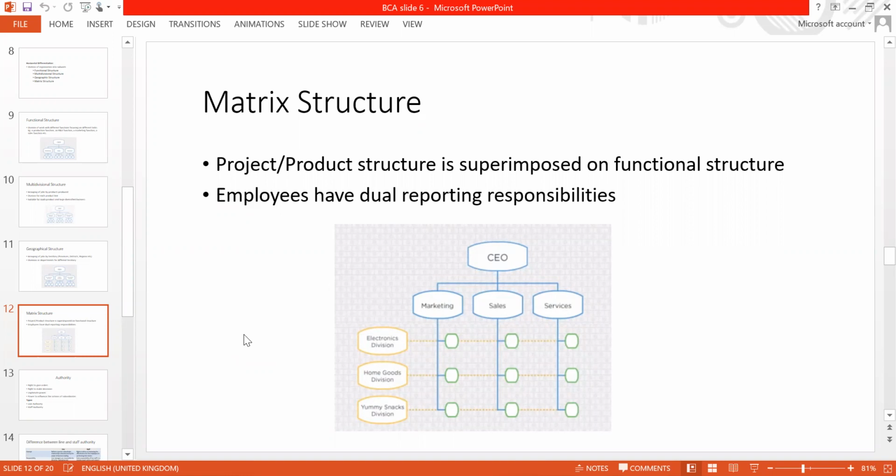And now this marketing person has come to work for the electronics division, but he is coming from this corporate, right? If he has come from here, he will have two bosses. He will also have to report to the marketing head of that company, and he is also required to report to the head of the electronics division.